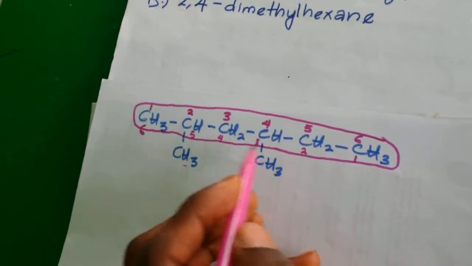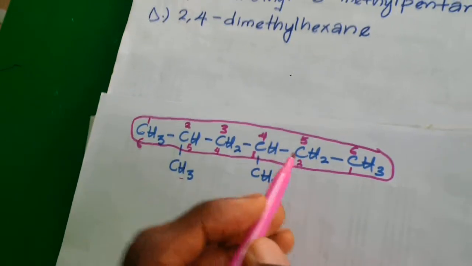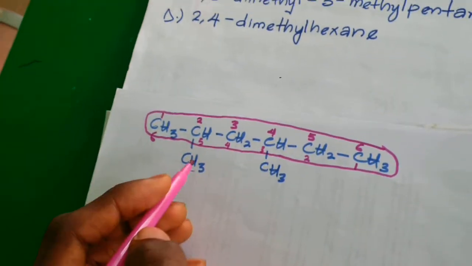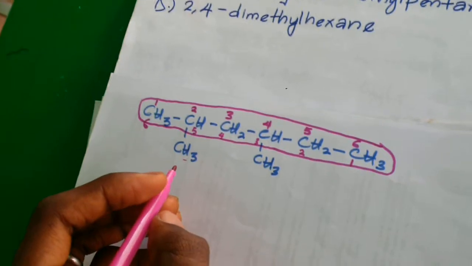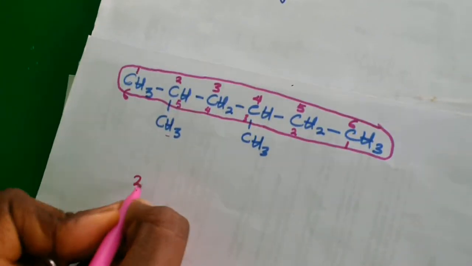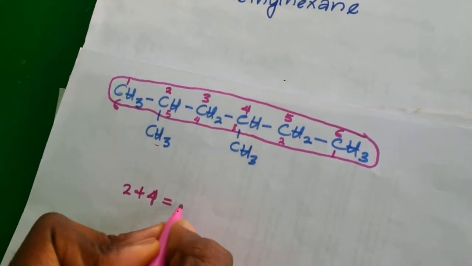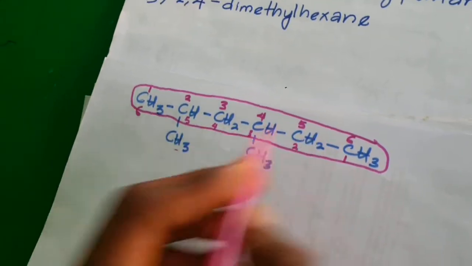If we were to use this numbering, the one under, the first methyl is on carbon 3, and the second methyl is on carbon 5. So obviously, 2 plus 4 will give us 6. That's for the top.